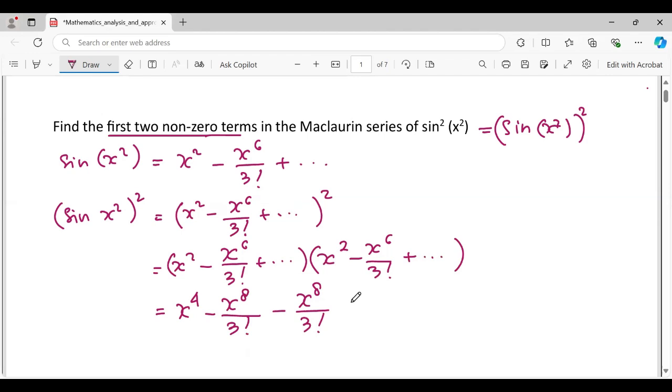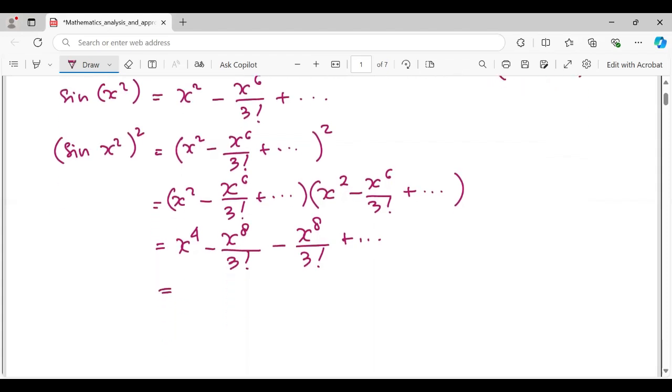We just find the first two non-zero terms, so this is enough, plus so on. So it becomes x to the power 4 minus 2x to the power 8 over 3 factorial. So this is the Maclaurin series of sine squared x squared.